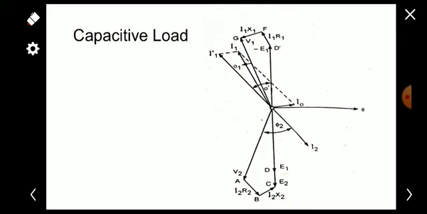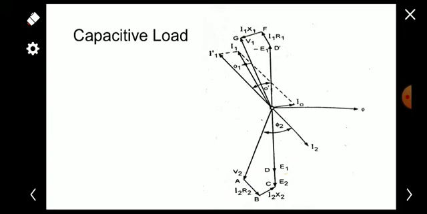For getting that, we draw this I2 R2 from V2. It is always drawn in phase with I2. So I2 is here, and we draw a parallel line I2 R2 here, in phase with I2.